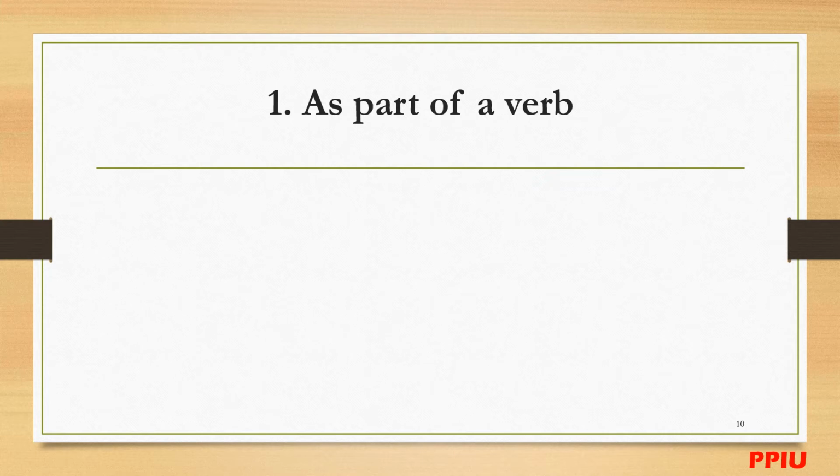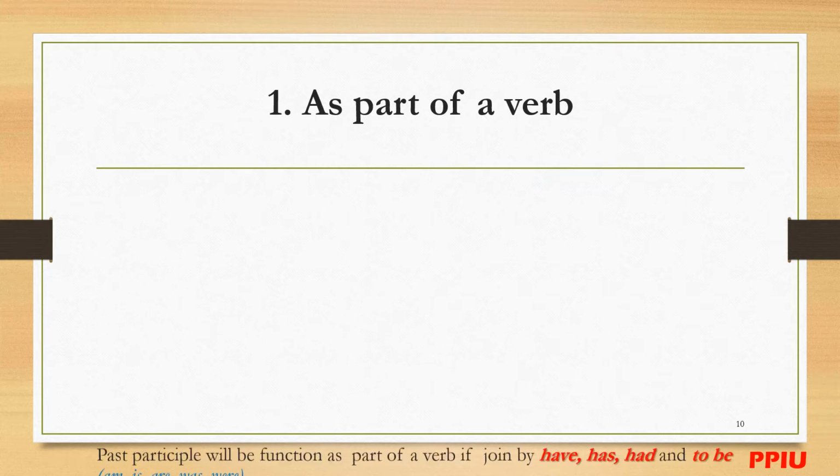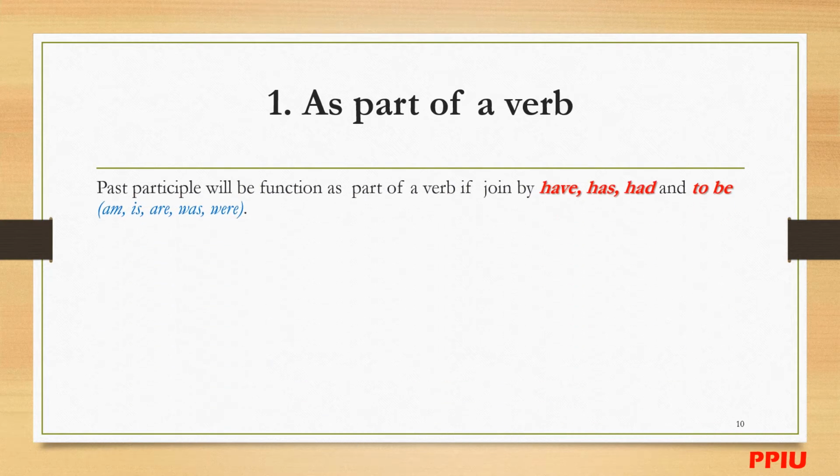Okay, so the past participle used as part of a verb. The past participle functions as part of the verb if joined by have, has, had, and to be: am, is, are, was and were. Joined by all these verbs.